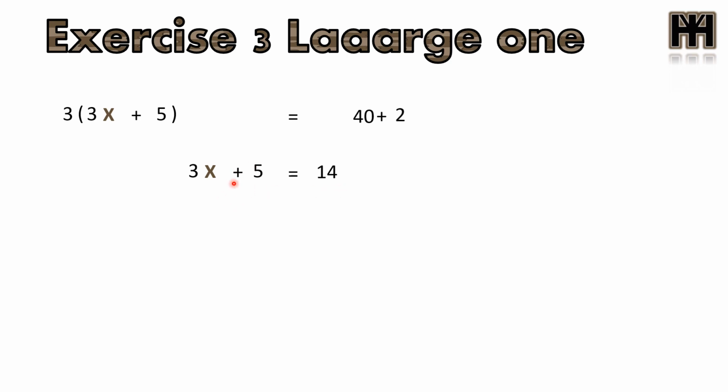We have two operations left, multiplication and addition. Remember, we go in reverse. So this addition has the priority, so we'll send the 5 to the other side. We have 14 minus 5, which is 9. Then the only thing left is the multiplication here. We only have to send the 3 to the other side, so we have 9 over 3, which is 3. We have x equals 3.